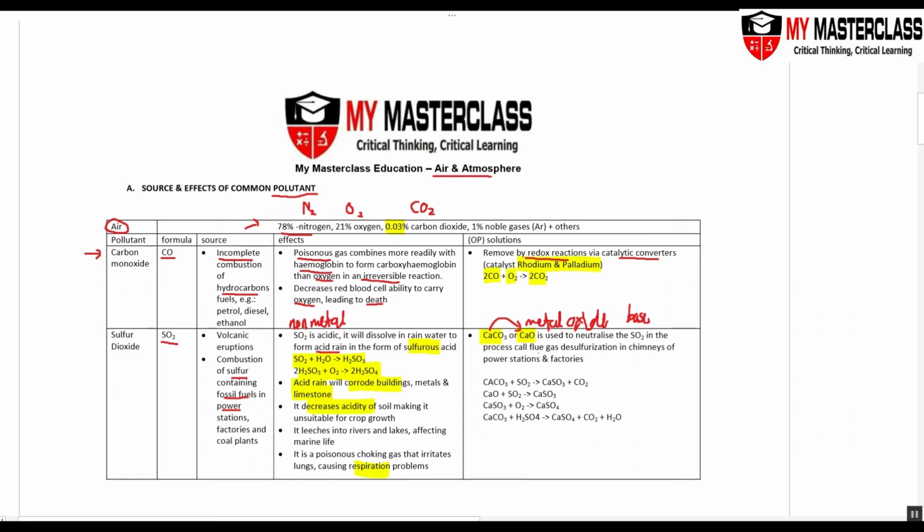The process is called flue gas desulfurization, and the CaO is added to the chimneys of your power stations and factories. Calcium carbonate, CaCO3, plus the sulfur dioxide can give me a salt, CaSO3, plus carbon dioxide gas.